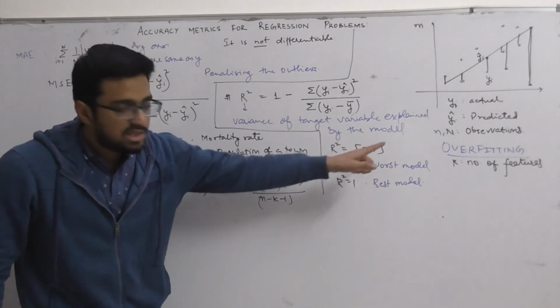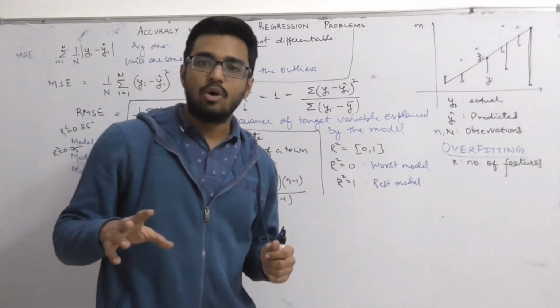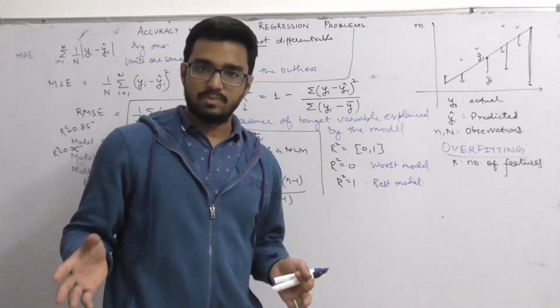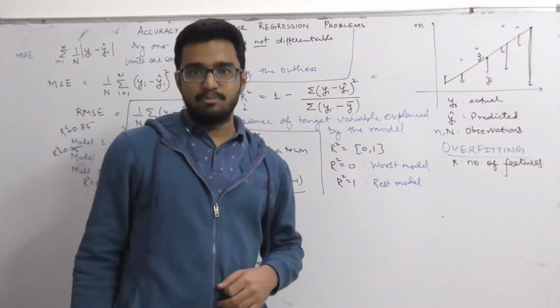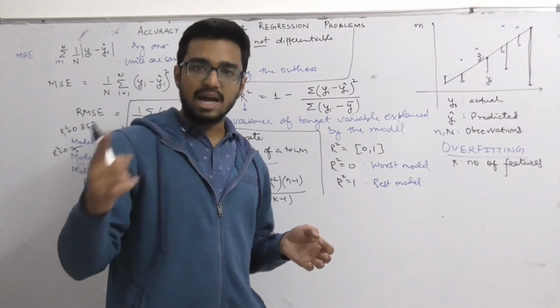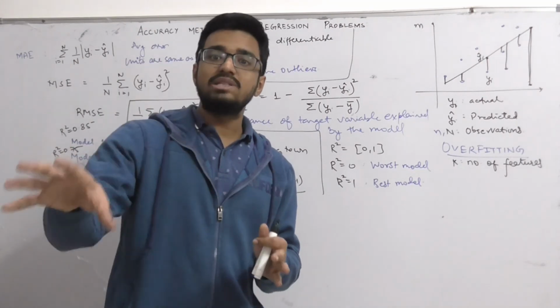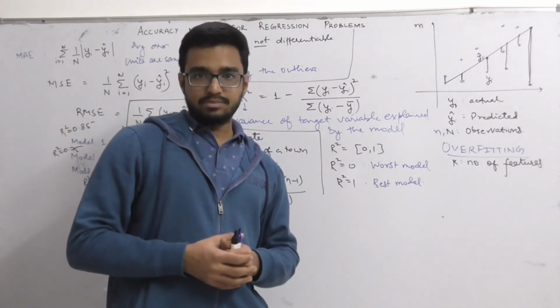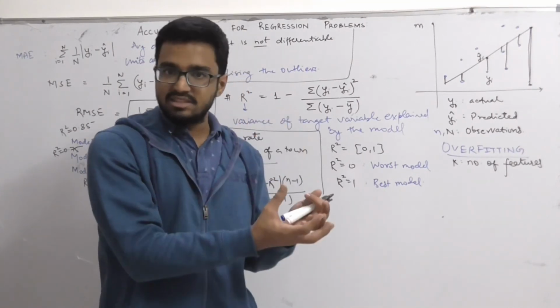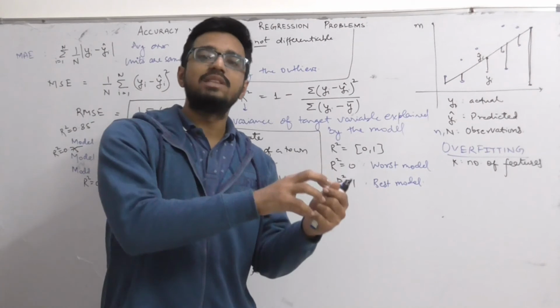Now let us ask the question: why does the overfitting problem happen? If we have lots of features which are useless, which are just adding noise to the model, it will overfit your data. Why? Because your model will try to train itself on the noise that the useless predictors are providing. It will try to fit that noise.